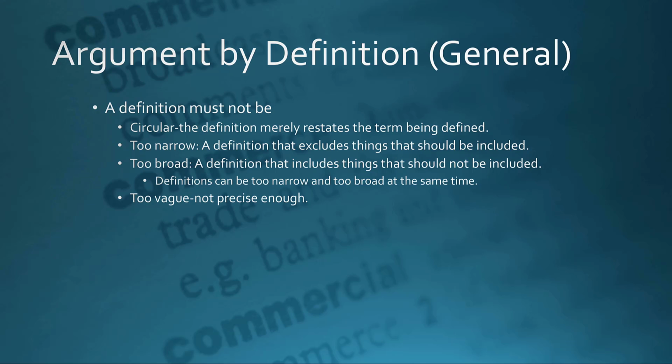So a definition that's too narrow, again, is leaving out too much. For example, if we define a person as a human being, that's probably too narrow, because even though, as far as we know, humans are the only intelligent species we know about so far, it makes sense that there could be non-humans that are people.